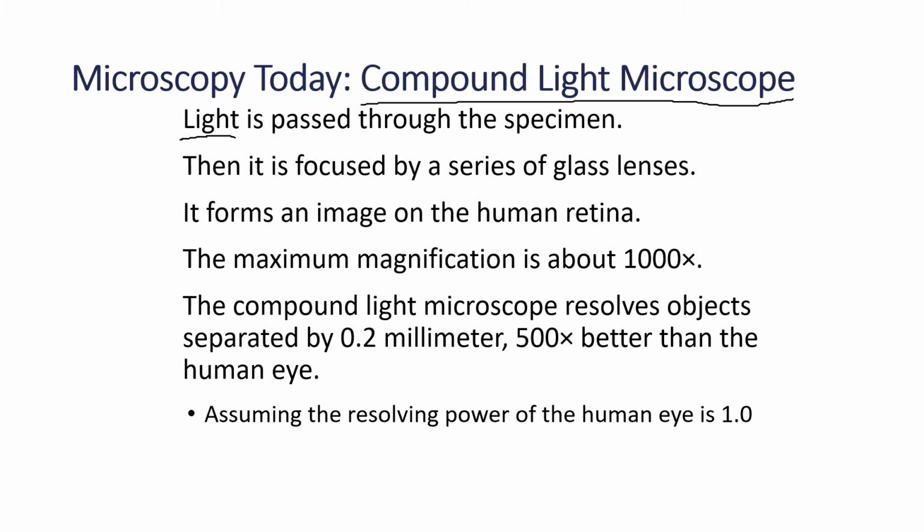The light is focused by lenses, and then the image is bounced around by mirrors to get to some oculars. Nowadays we rarely use the oculars with the camera. Typically in the body tube is a camera, and that camera is hooked up to a computer. But in our labs, we typically do use the oculars, and so we use a lot of mirrors to get the image to the oculars.